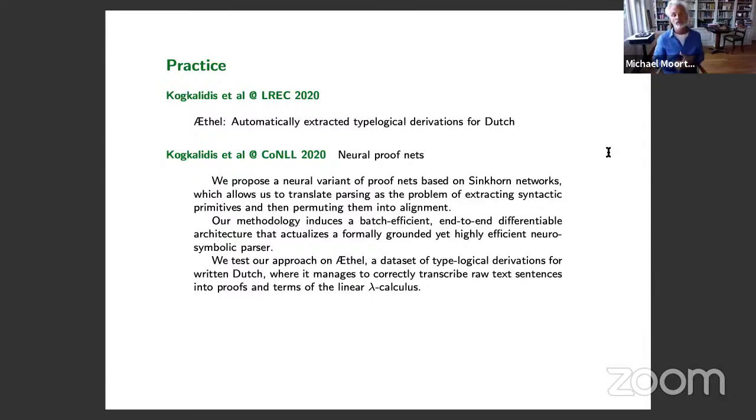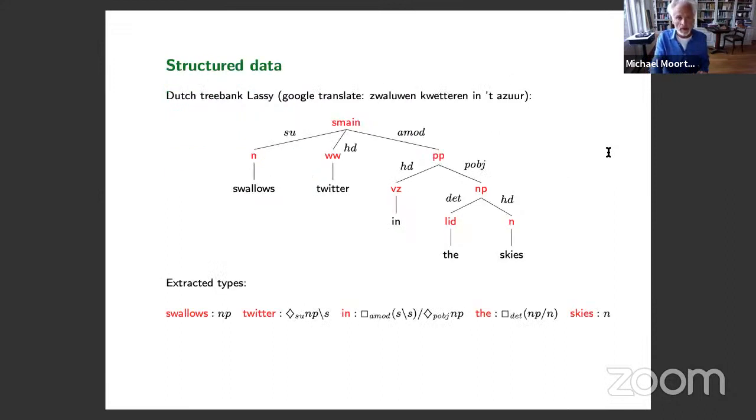The second paper is about using this kind of type system to develop a neural machine learning version of proofnet construction. And I will briefly illustrate the two ideas. So the structured data that we work with here is the Dutch treebank, which is called LASSY. The kind of data that you find there is syntactic trees with syntactic categories in red here at the nodes. So part of speech categories at the pre-terminals and phrasal categories at the internal nodes.